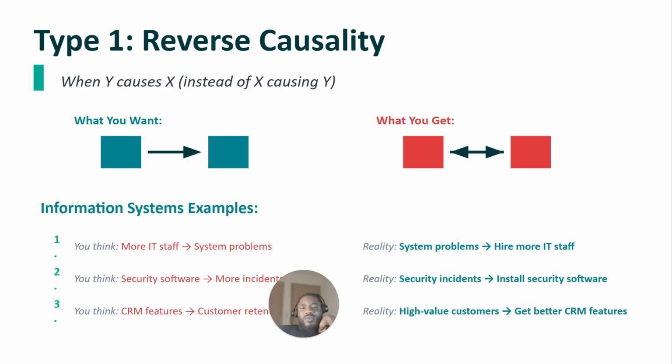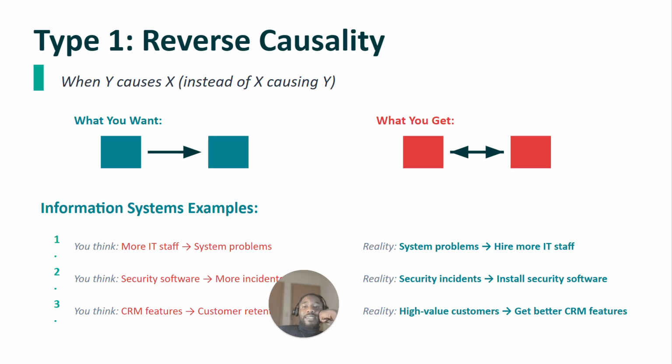You see, the causation runs backwards, because the system problem, which is the dependent variable, is the reason why you're hiring more staff. So there's a causal problem because it is reversed.